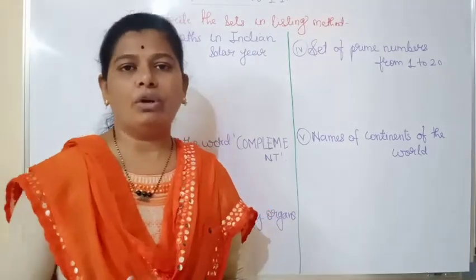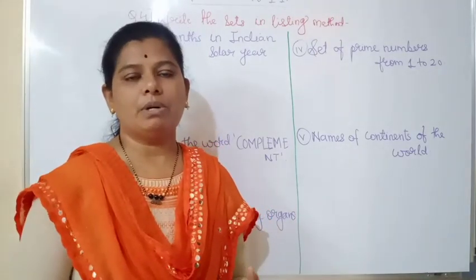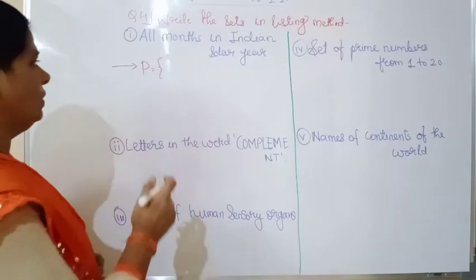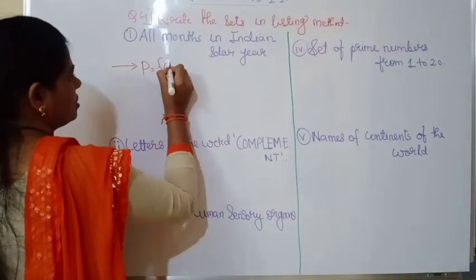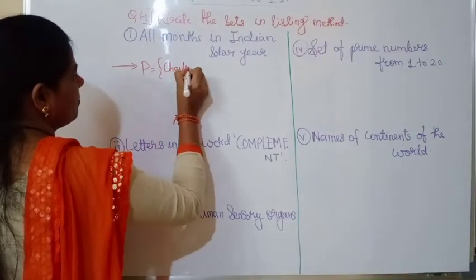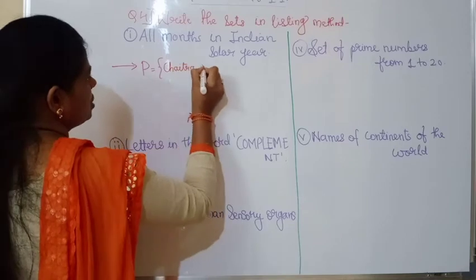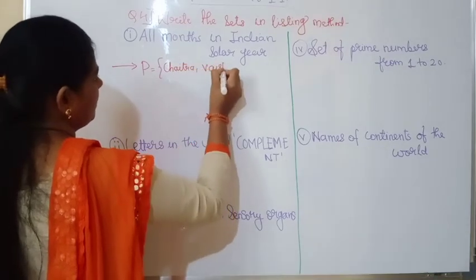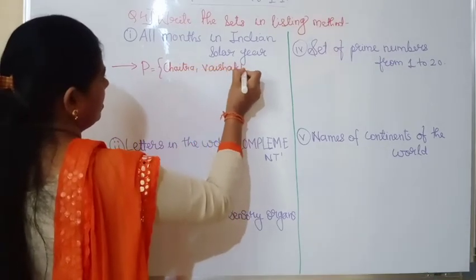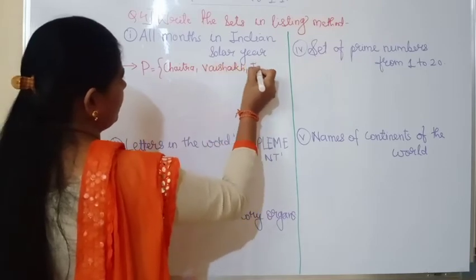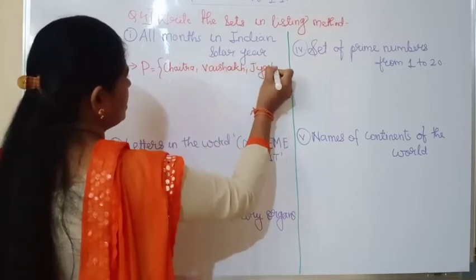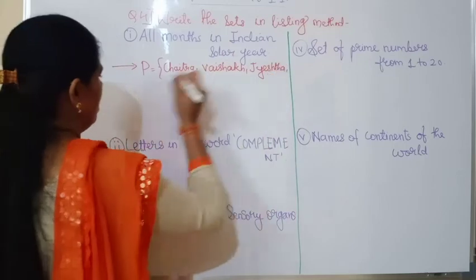So how many Marathi months are there? That is 12. We will write them one by one: Chaitra, Vaishakh, then Jyeshta. You have to learn all these names properly if you don't know.